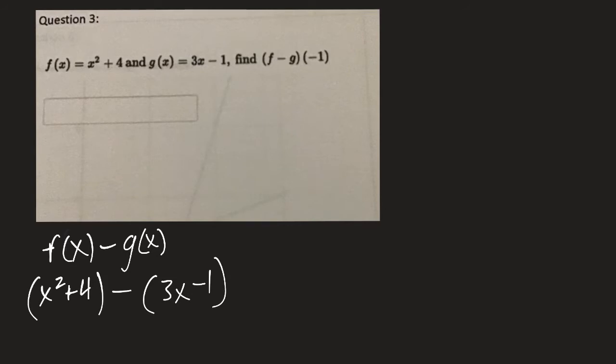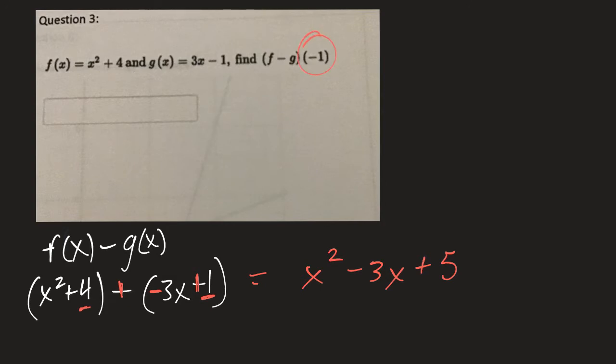So let's simplify this. Remember, key thing, these parentheses, this negative sign is going to influence both of these. So we're going to have minus 3x and plus 1. So here we go. I've got x squared minus 3x, and this 4 and the 1 will combine to make plus 5. And I want to plug in negative 1 in there.